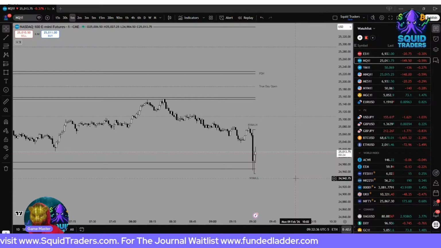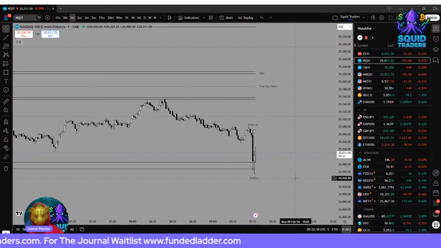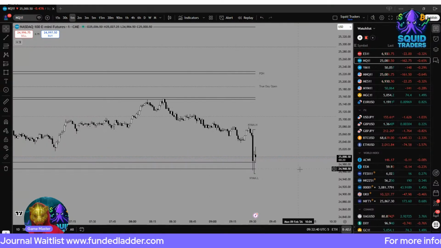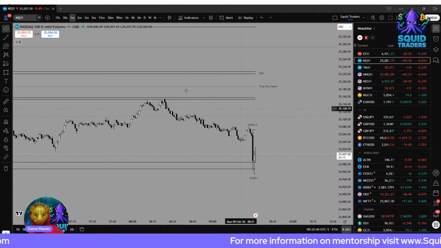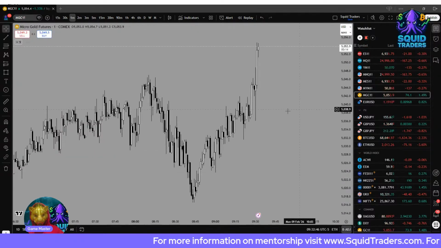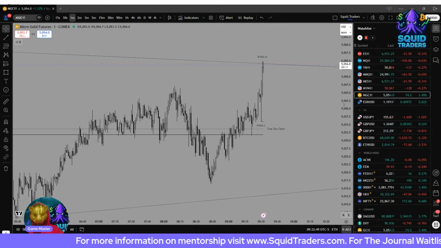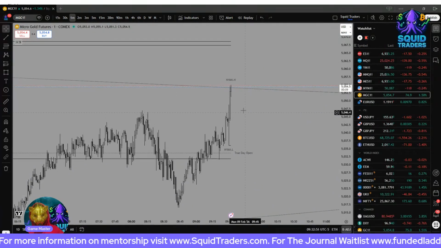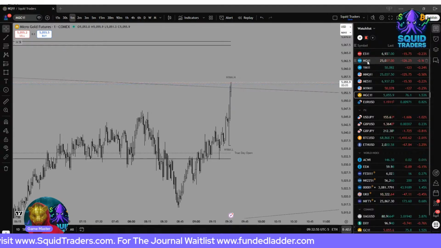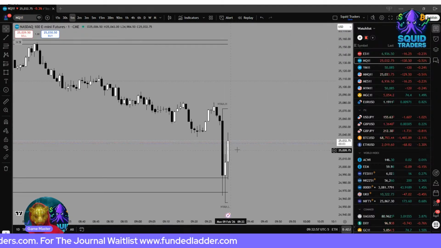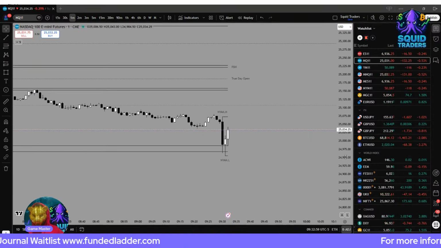Just keeping my eyes on whether we invert it or we get rejected, because gold also is pushing towards this resistance. This could be a good area of rejection for gold as well. I just want to be sure that both the markets are in line. So let's keep an eye on this fair value gap, guys.